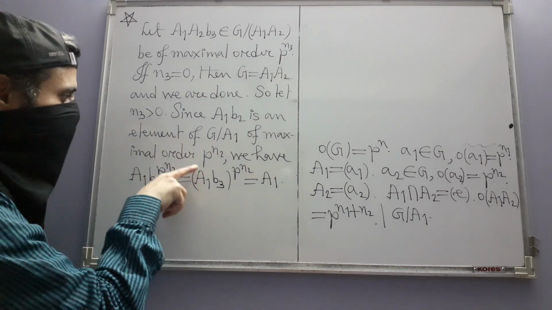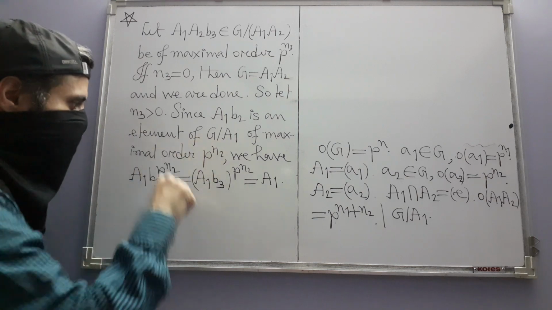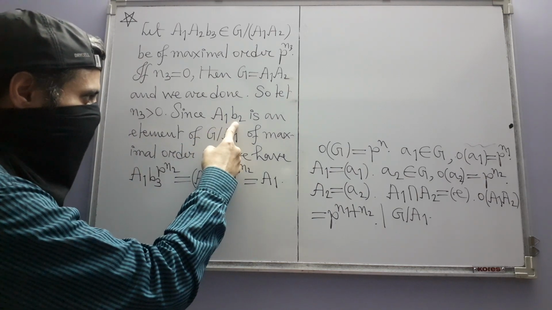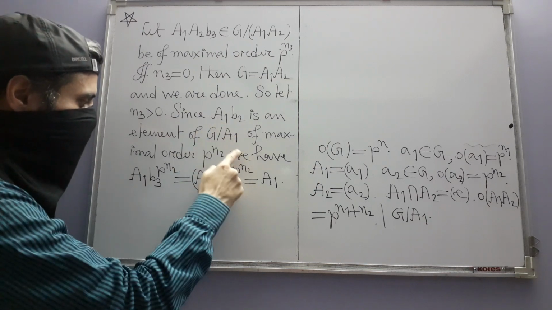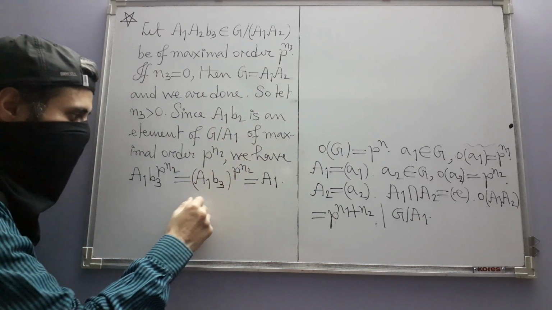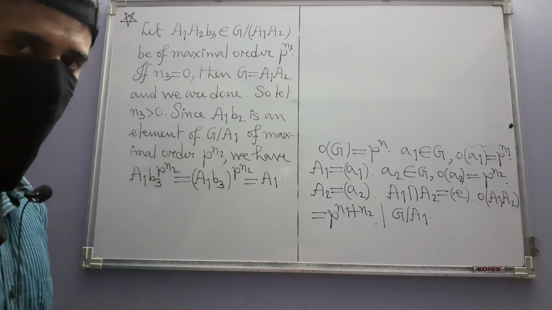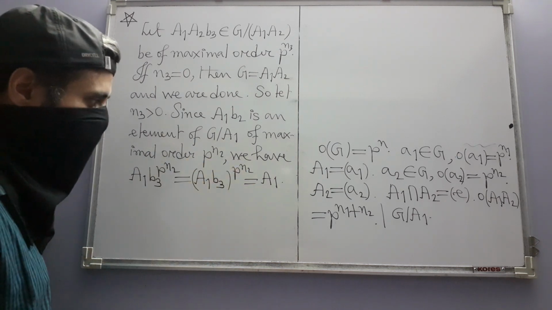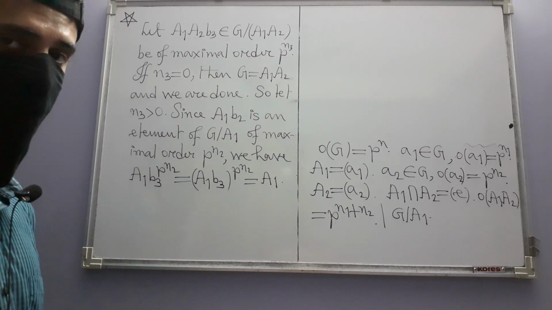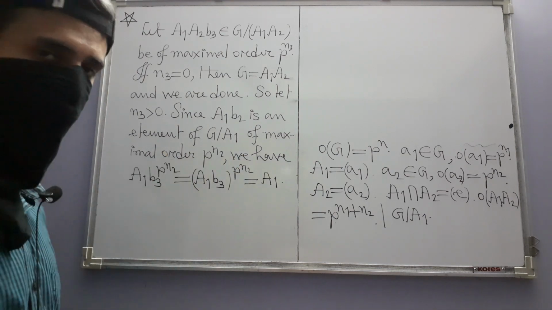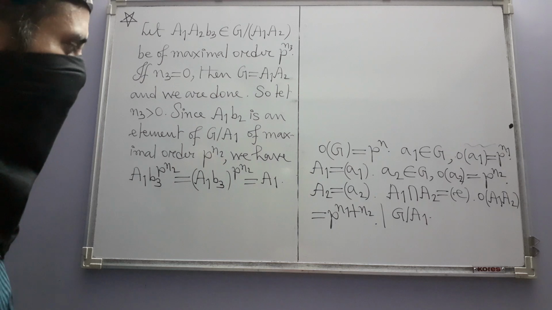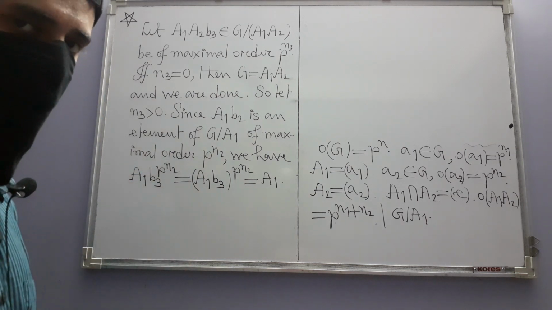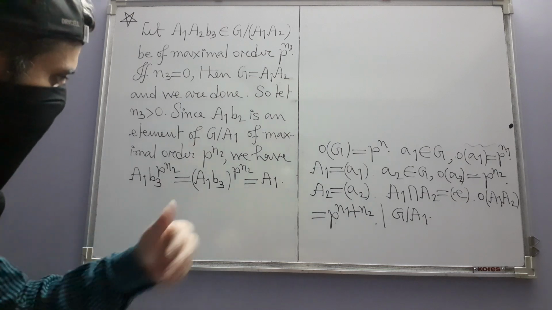Now the element whose order was p to the power n2 is A1 b2, which comes from this quotient group, and this A1 b3 is another element. So its power corresponding to this exponent is also going to be A1 due to the maximality of p to the power n2, exactly how we did the calculation in the previous video. So that's how we have this.